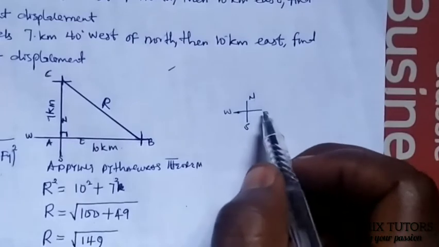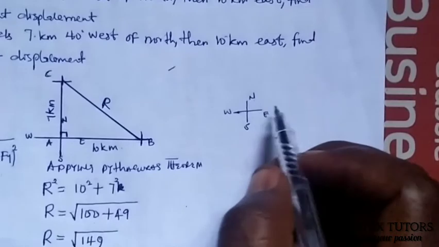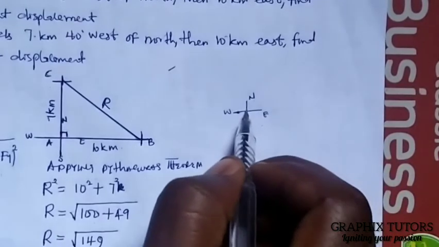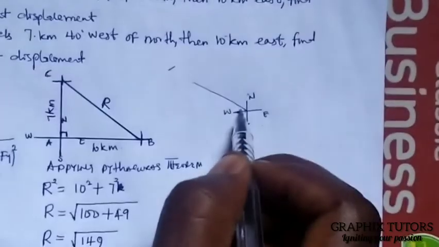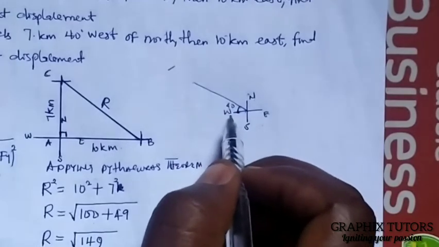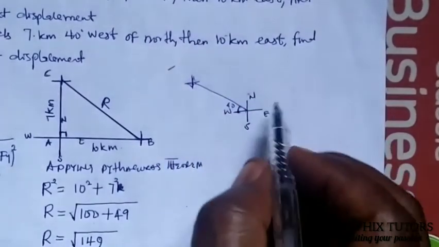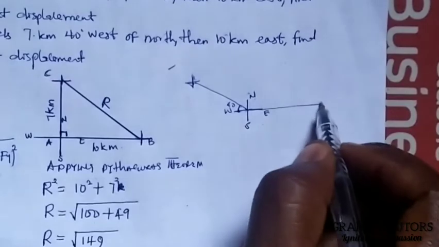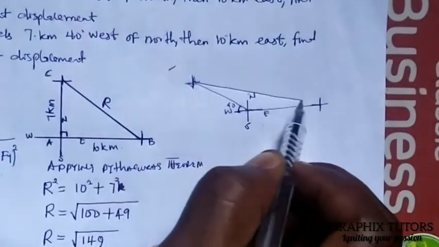It says 7 kilometer 40 degree west of north. So that means this is west of north here, and that is 40 degree, right? So I will stop here, and it says 10 kilometer east. This east here. Are we good? I will also stop here. So we're going to join the two together.